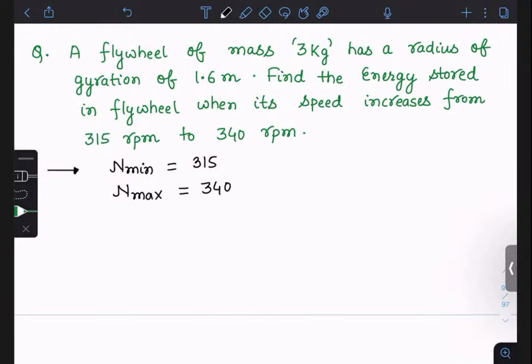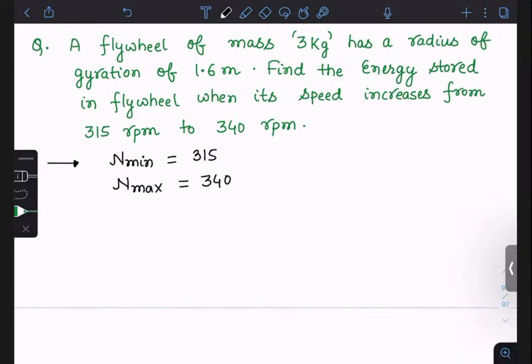See everyone, no one is responding, so I am going to solve it. Quite easy. First, we are going to find out the CS, the coefficient of fluctuation of speed.